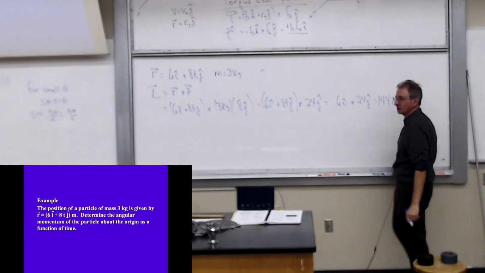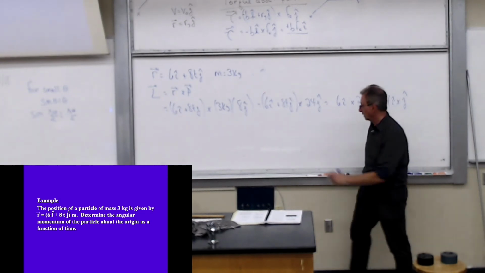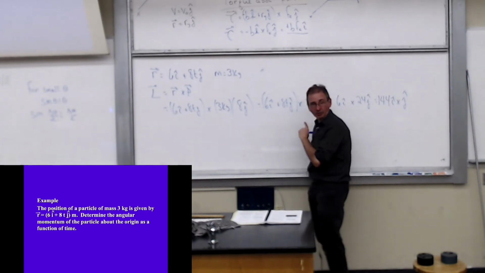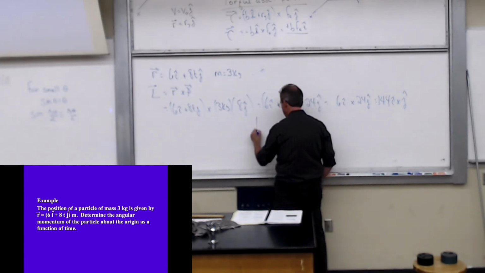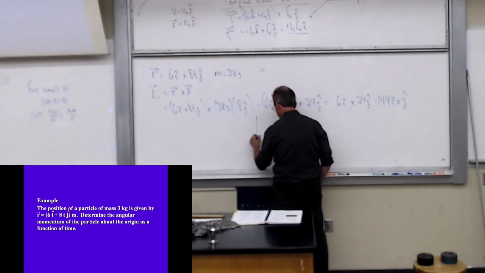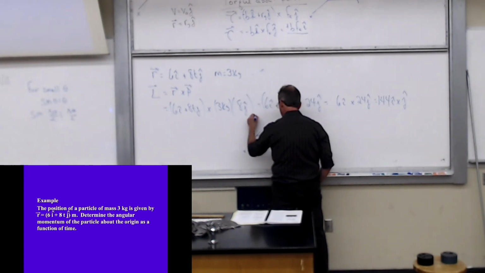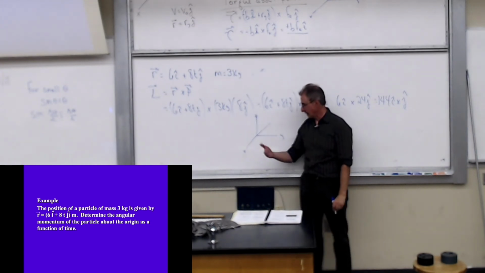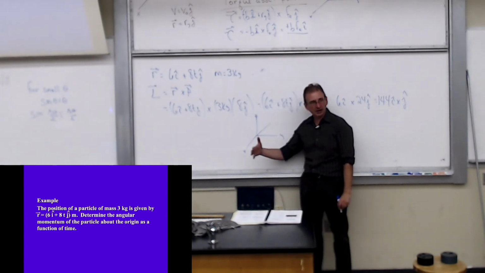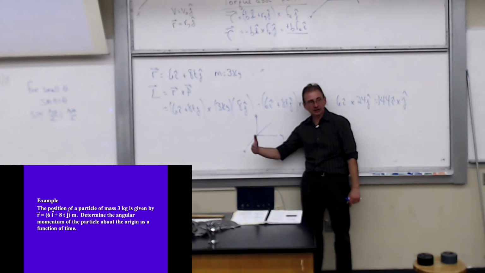Well, what's i cross j? I'm not going to set up the determinant to do that. I'm just going to use the right-hand rule. I put my fingers in the x direction, but I have to curl them toward j, so I rotate my hand and then curl it.